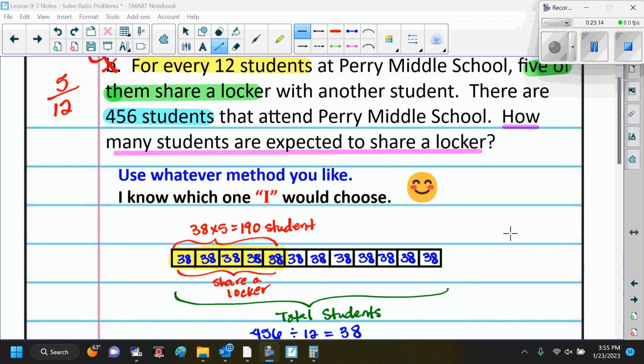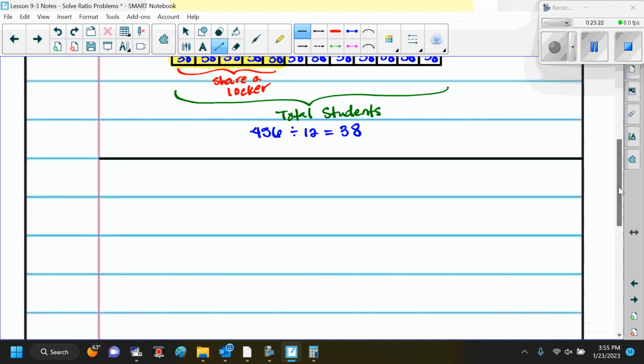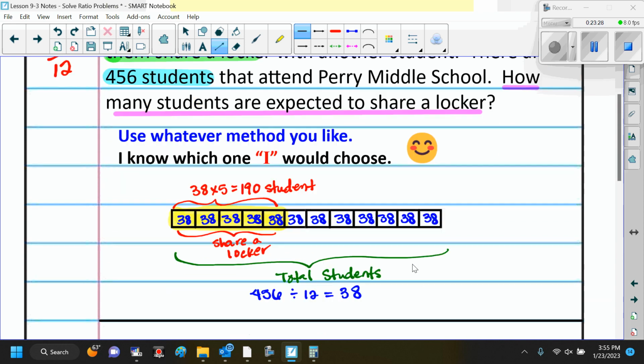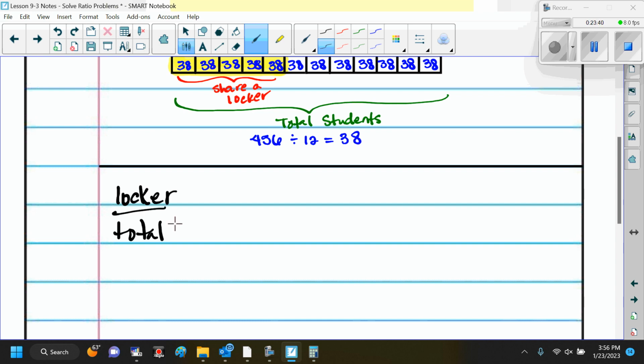Okay. So the third way that we learned how to do this is using equivalent ratios. So I'm going to do that one. So the ratio was 5 students. So we're doing students with lockers to total students. That's what we're comparing. Locker students to total students. Okay?